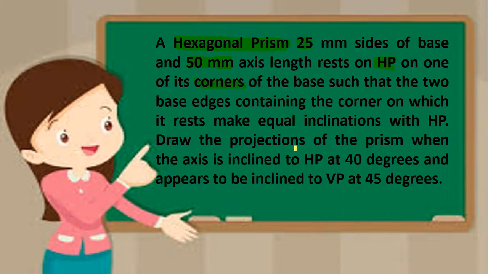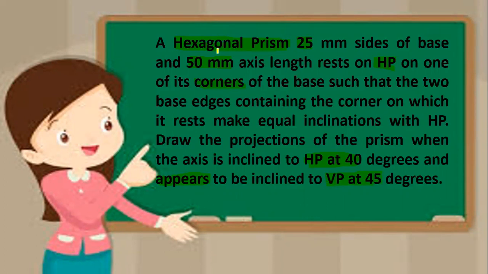And you need to draw the projection of the prism, and the axis is inclined to HP at 40 degrees and appears to be inclined to VP at 45 degrees. So these are the given data in the problem.